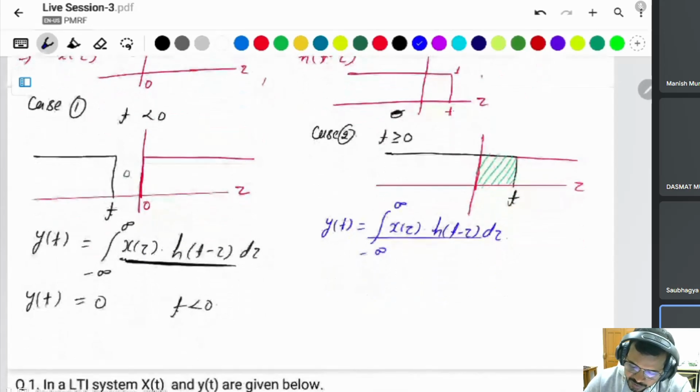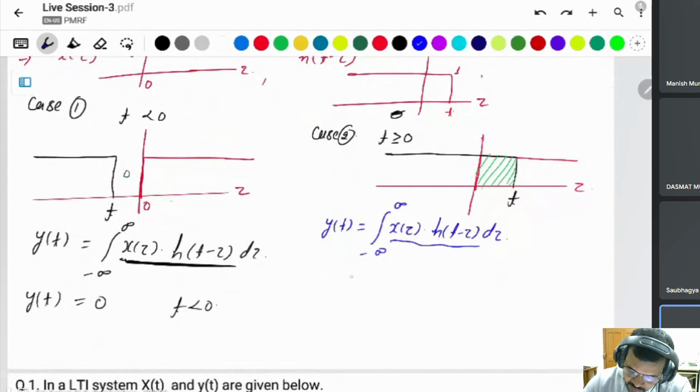The multiplication of these two gives 1 times 1. There is an overlap between 0 and t only, not the whole minus infinity to infinity. Then you have to take the limit from 0 to t, 1 times 1 dτ.